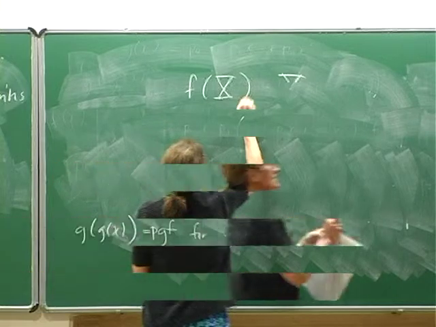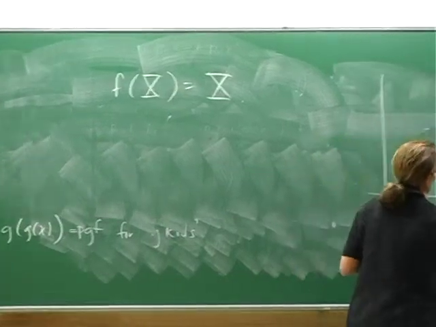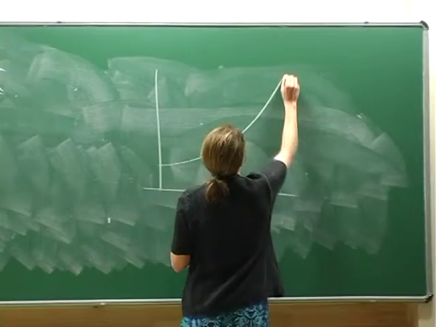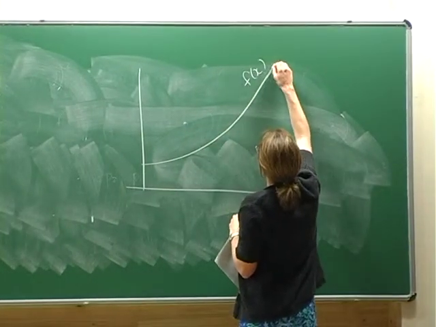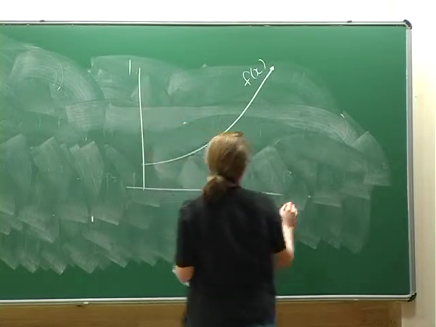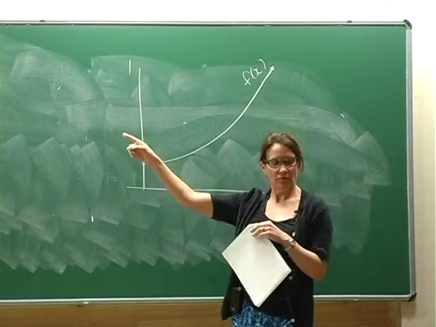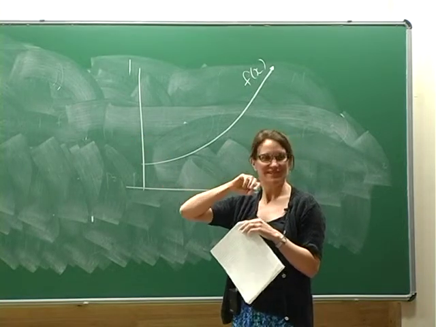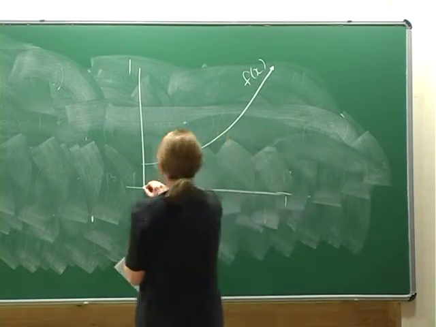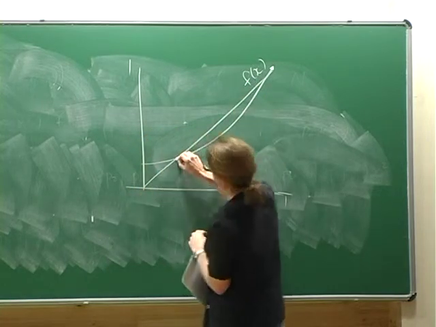So physically, what does that look like? Why did I make you sketch the curve? It looks like this. Here's f of x going to 1, 1. How do I find the point where f of x equals x? It's the intersection, right? Right here.